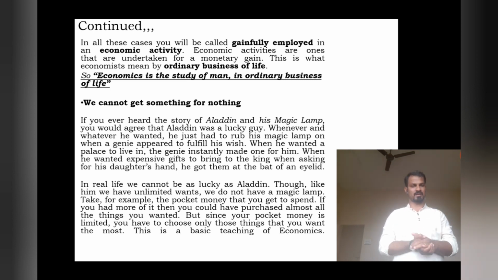So when he wished to have something, he used to rub that magic lamp. When he rubs that magic lamp, a person comes out of it and says, जी हुजूर बोलिए आपके लिए क्या चाहिए.